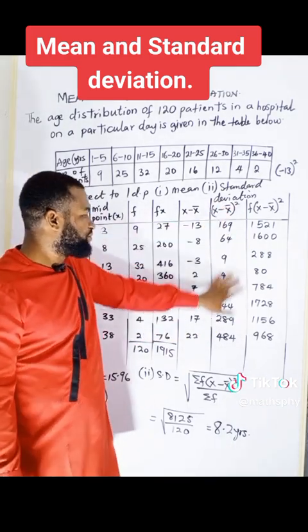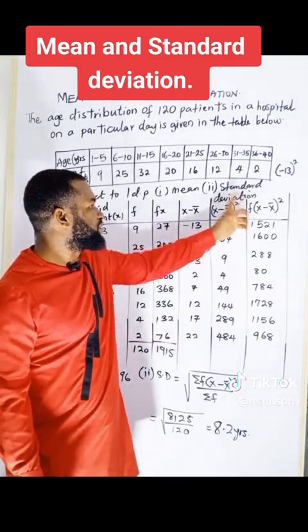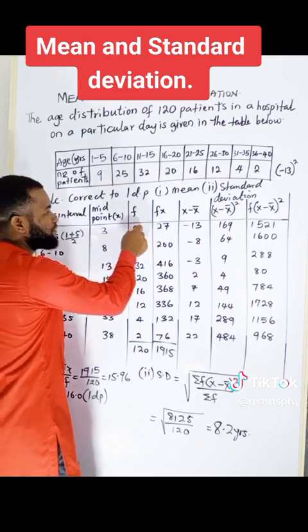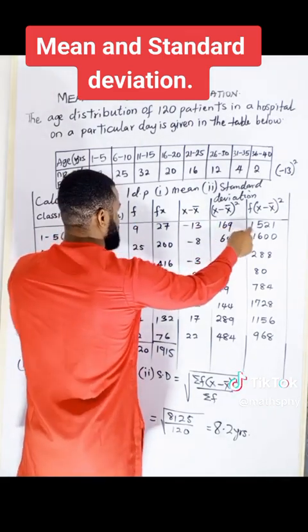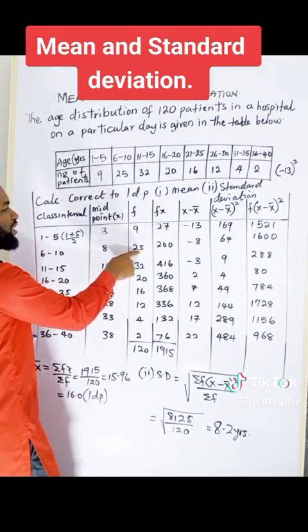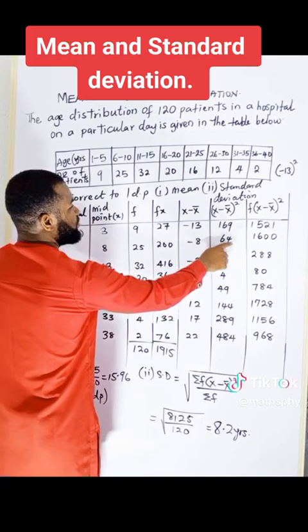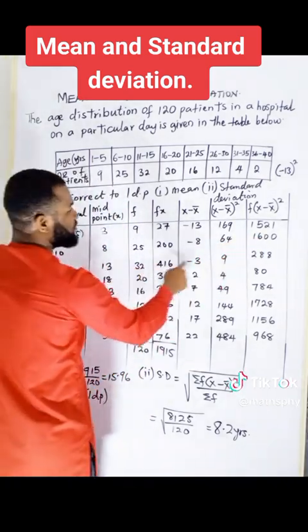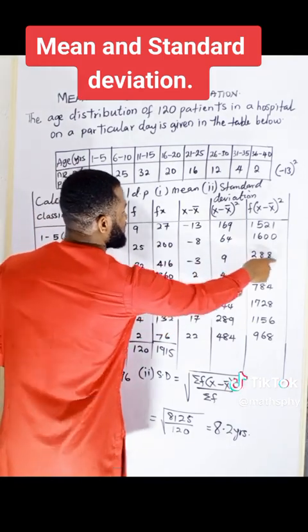Then after you have finished, remember this is f times this. Where is f? This is the column for f. f times this will give you 1521. If you multiply, you see it. 25 times 64, you have 1600. 32 times 9, you have 288.